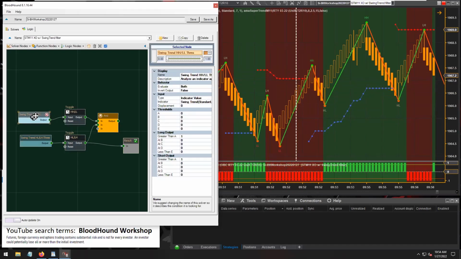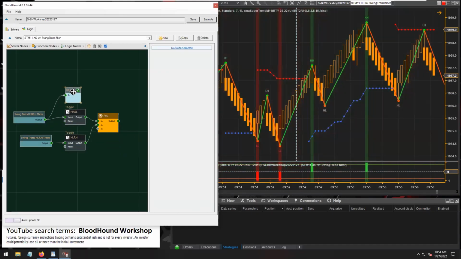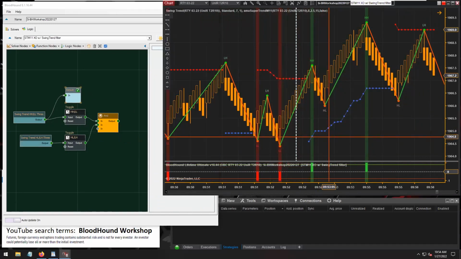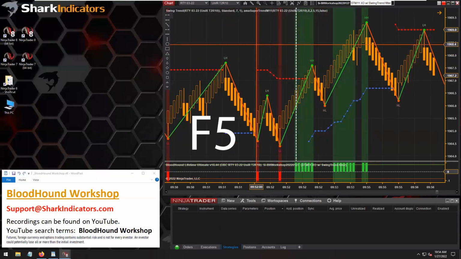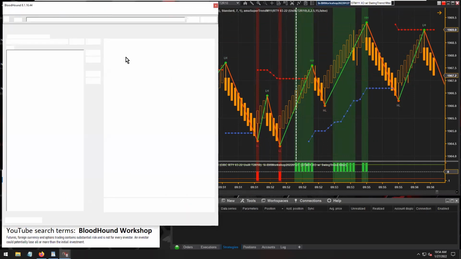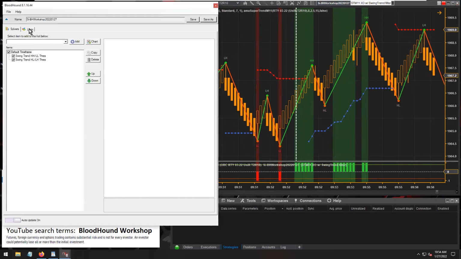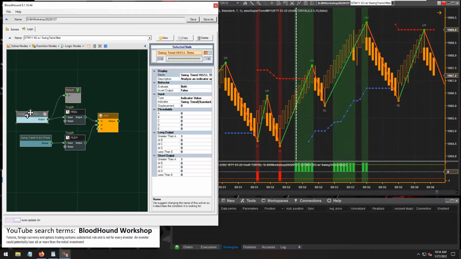So we can take this solver, and let's take a look at it. We've got to reload here. There we go. All right, so our threshold solver that's identifying the higher highs, there we go. We can see we get this long output on that bar that I marked.